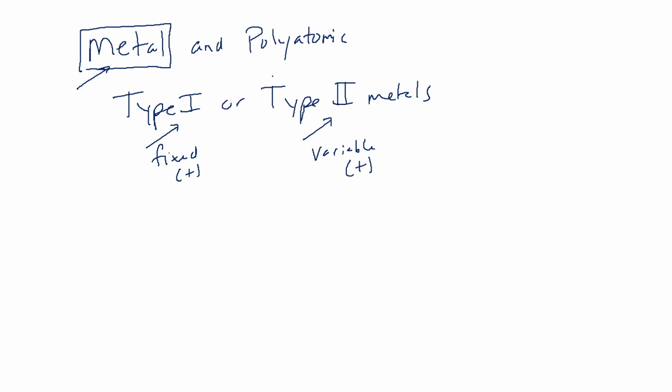The main difference is type 2 needs a Roman numeral because it could have more than one charge. Type 1 does not need it. So in most cases you're going to have a type 1 or type 2 metal hooked up with your polyatomic ion, and then you will have to follow the type 1 or type 2 ionic compound rules for naming.